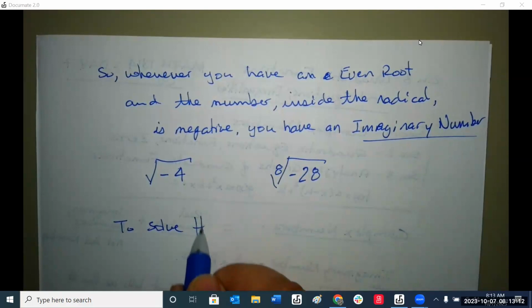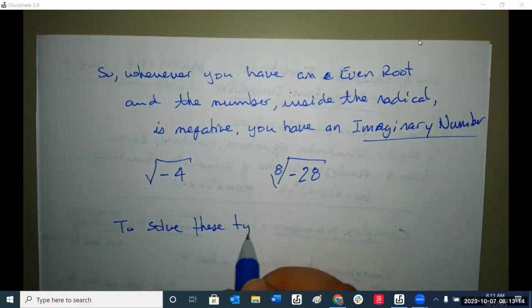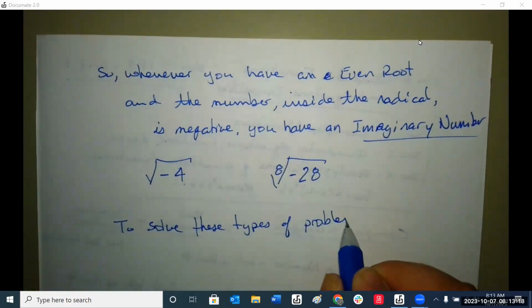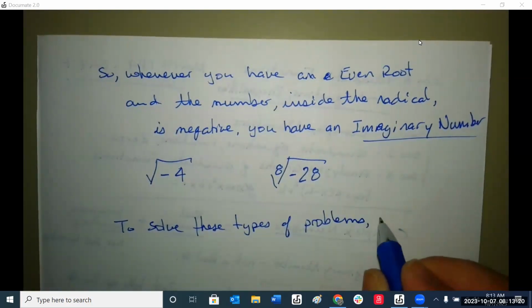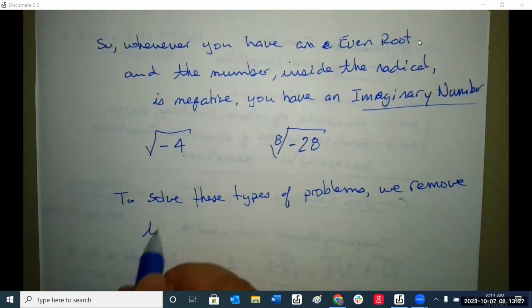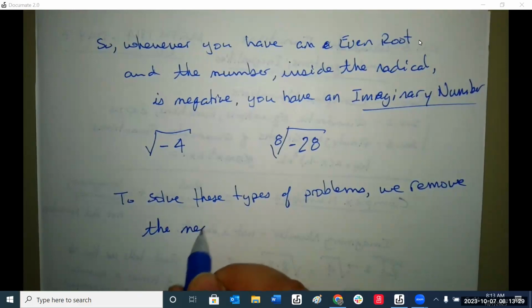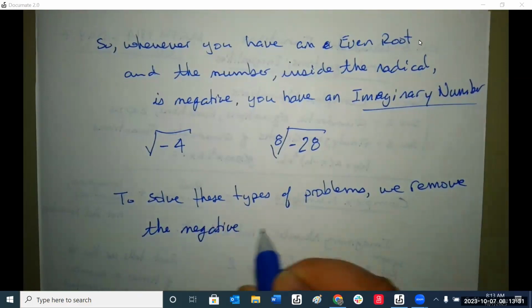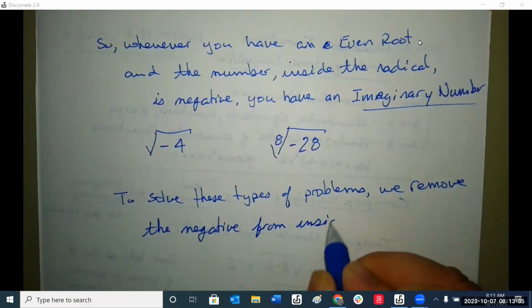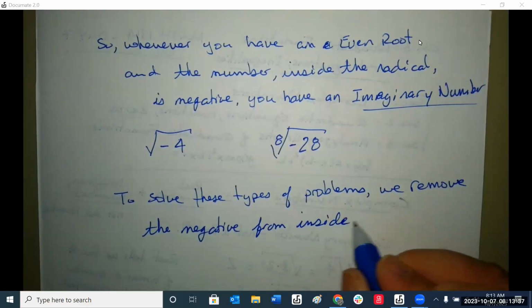To solve these types of problems, we remove the negative from inside the radical.